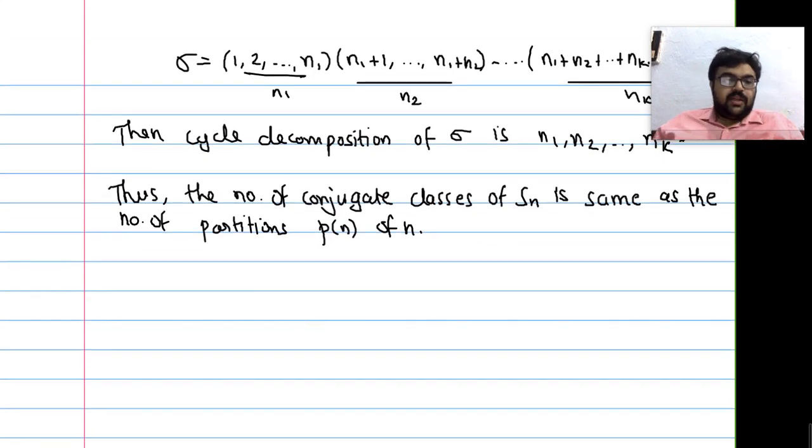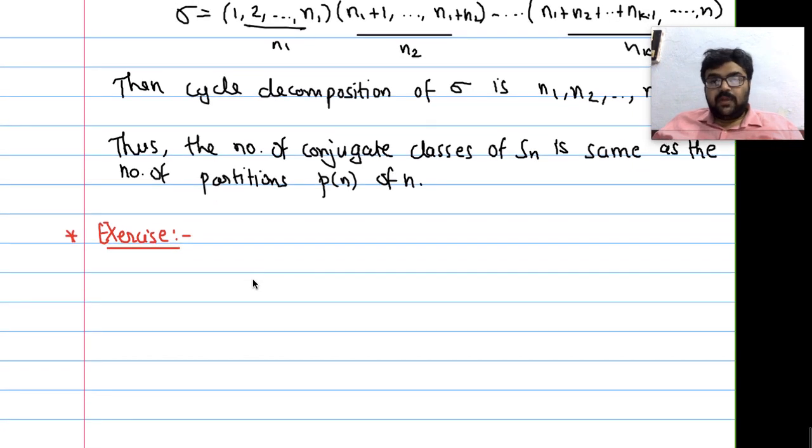So finally we end this lecture with an exercise. So this is the exercise. It is given in Herstein also. Some discussion is given at the end of the section, and I have listed it in my notes also as an exercise. So find the number of elements in the following.